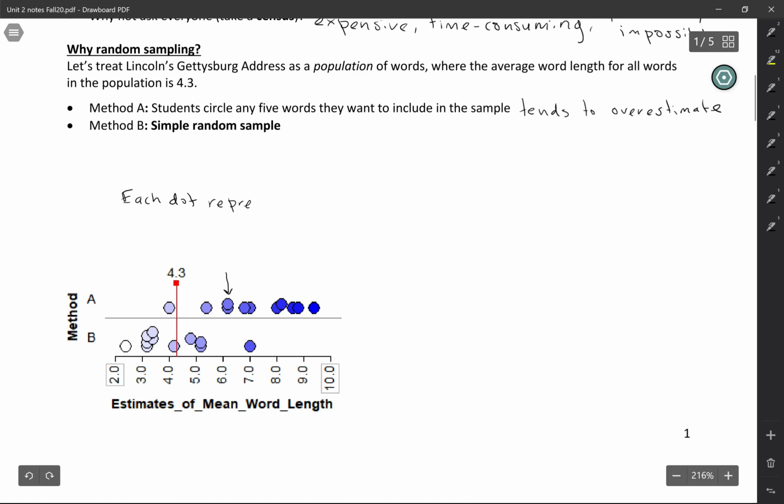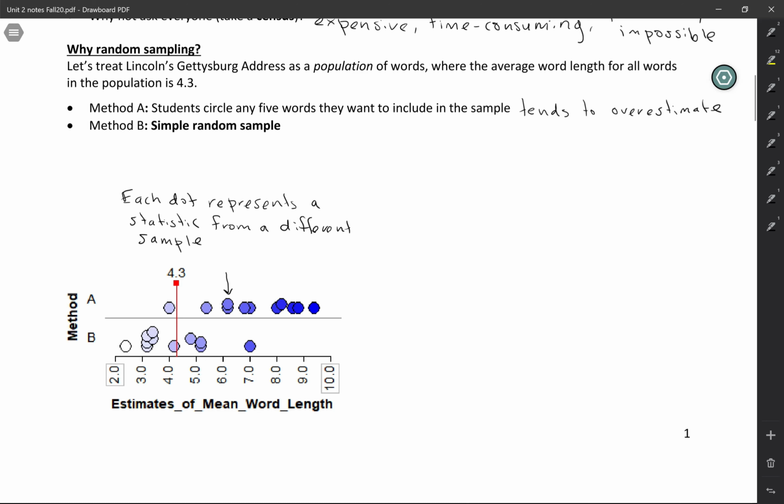So each dot represents a statistic, a sample mean, from a different sample. I had 11 students in class that day. Each of them took their own sample and calculated a sample mean. So you can see here that most of the dots are higher than the population mean. There was one that was too low, but there was definitely a tendency to overestimate.